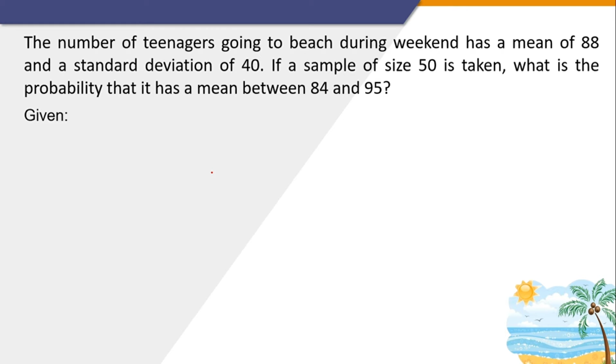So, let's first identify the given. Yung population mean natin is equal to 88. And then, yung standard deviation natin is 40. Yung sample size is 50. And meron tayong dalawang sample mean. So, indicate natin siya as x bar sub 1, 84, and x bar sub 2, 95. Next, convert it to z-score.